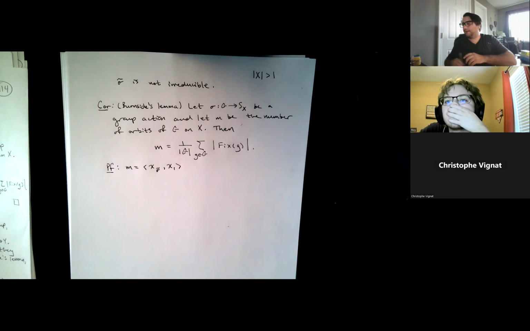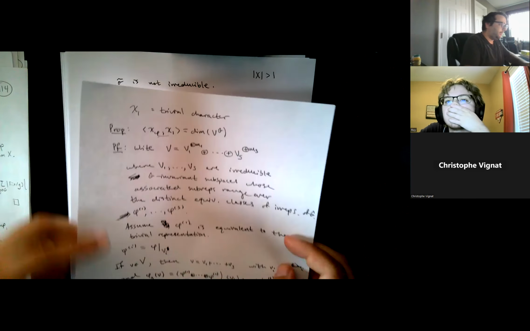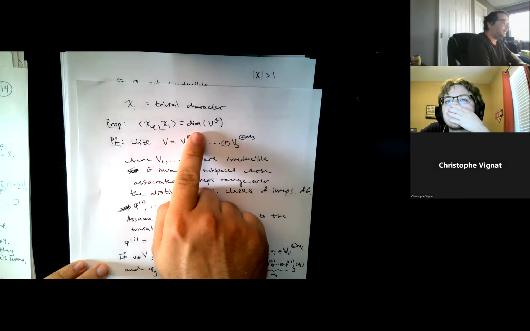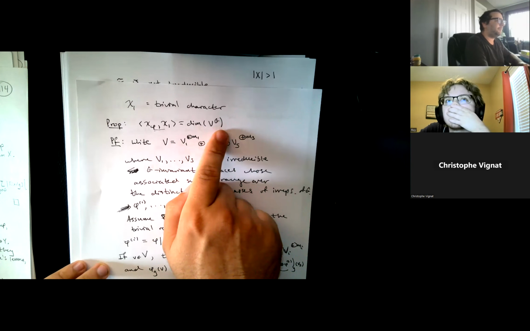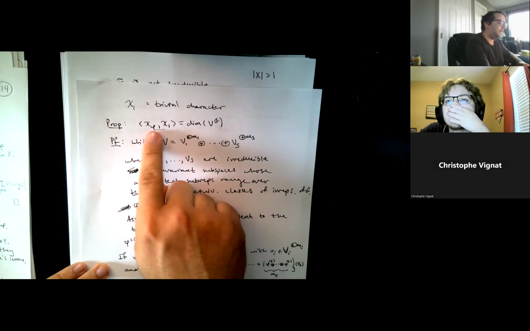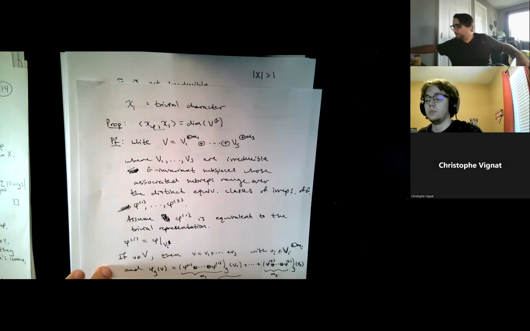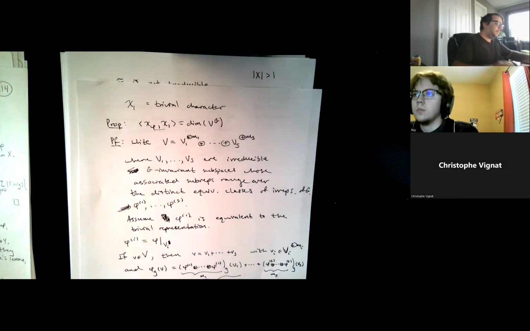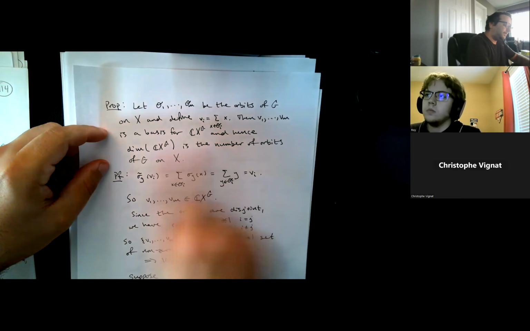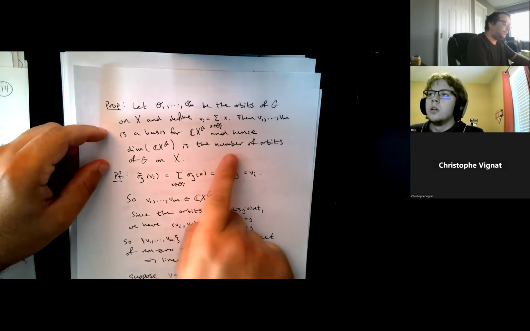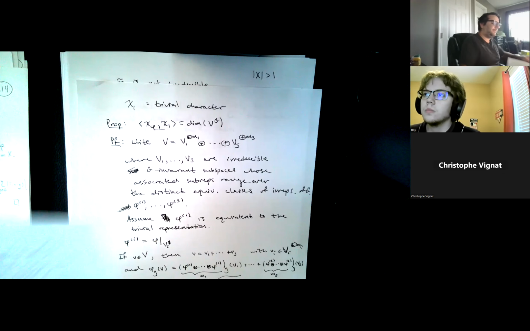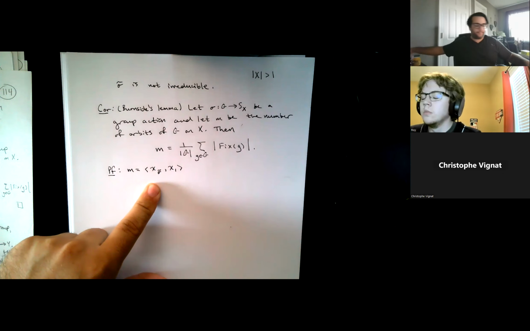And we showed that that was equal to the dimension of the fixed subspace of the vector space of the representation. Now, the proposition after that shows that the dimension of that space is precisely equal to the number of orbits of G on X. And so that's how I'm getting this first equality here.